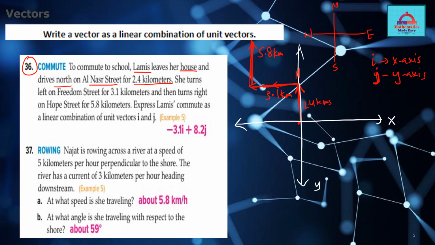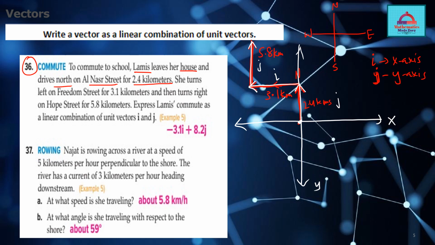So you begin with the origin. This is 2.4 kilometers in the y direction, that means in the j direction. Similarly, this is also parallel to the y-axis, so in the j direction. This is parallel to the x-axis, so this is the i direction. Do you understand this?